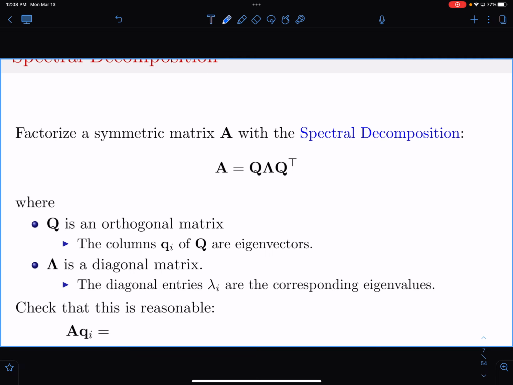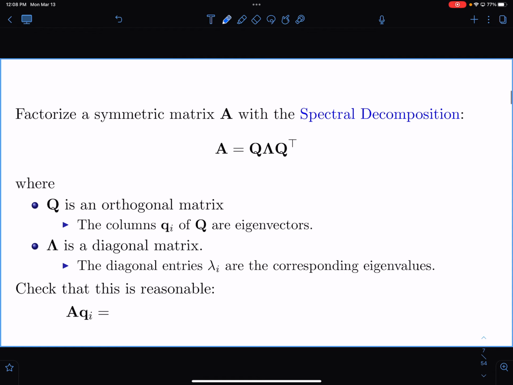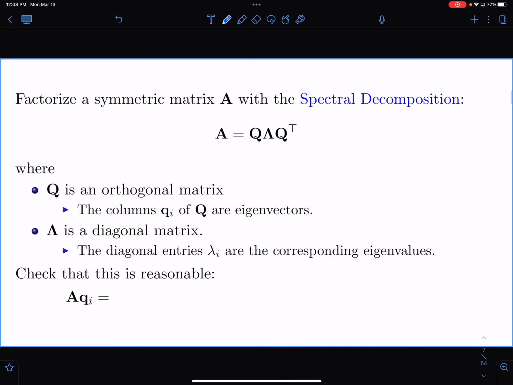So in general, when we have a symmetric matrix, we can express it in this really convenient form, Q lambda Q transpose. This Q matrix is going to be our matrix of eigenvectors, so each of the columns is an eigenvector.